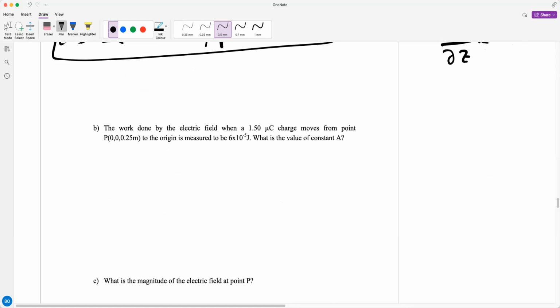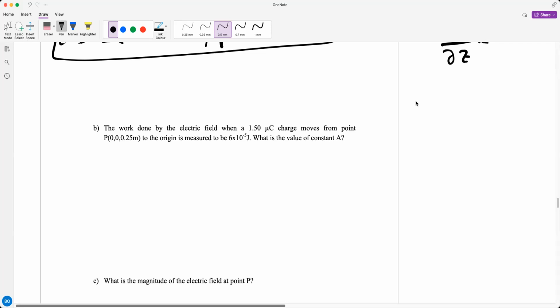Here, the question is the following. The work done by the electric field when a 1.5 microcoulomb charge moves from point 0, 0, 0.25 to the origin is measured to be 6 times 10 to the minus 5 joule. So what is the value of constant A?